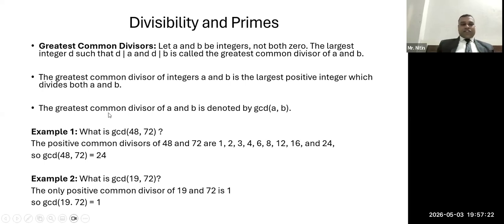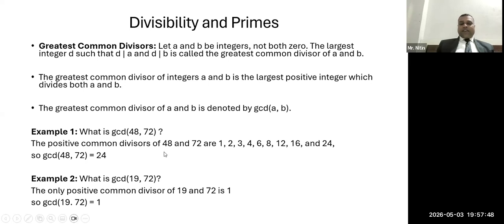Now let's understand GCD with an example. What is the GCD of 48 and 72? Let's check as per the definition, whether the answer we get is correct or not. The positive common divisor of 48.